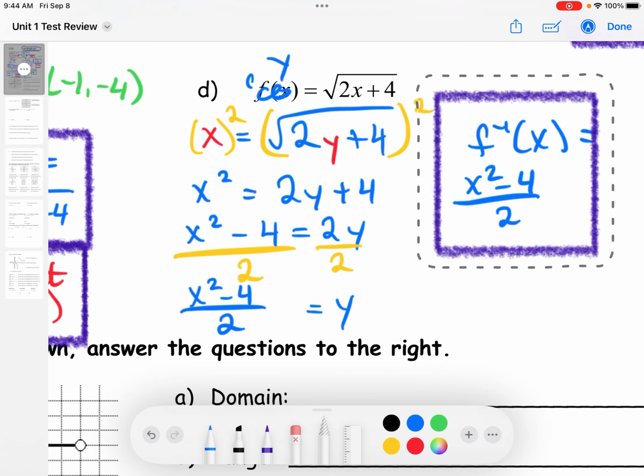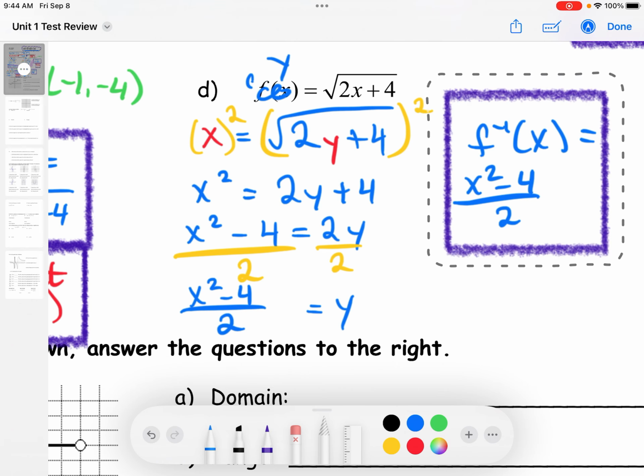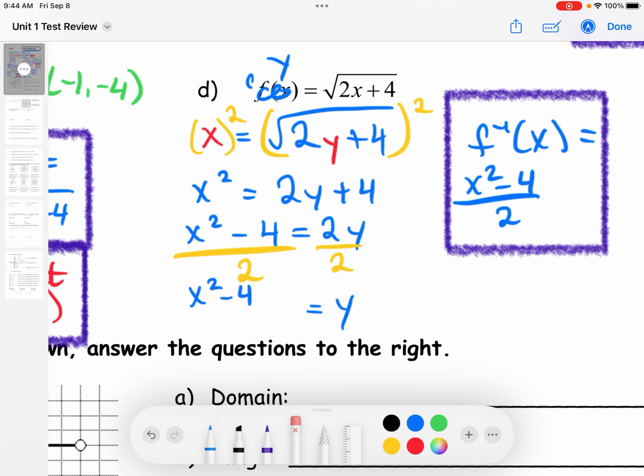Now, another way you may see it if it were a multiple choice is if both terms were divided by 2.